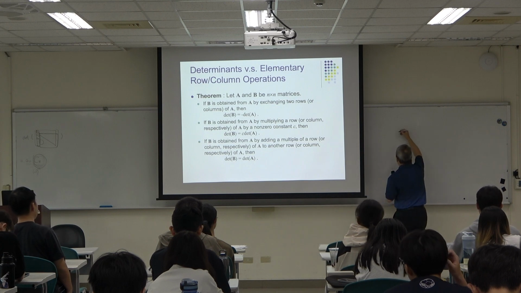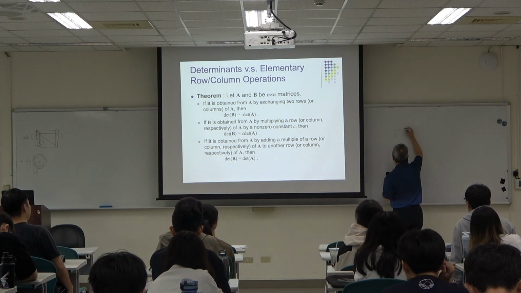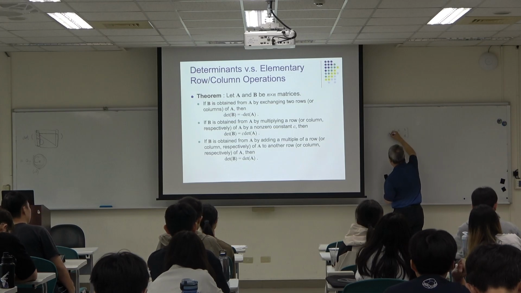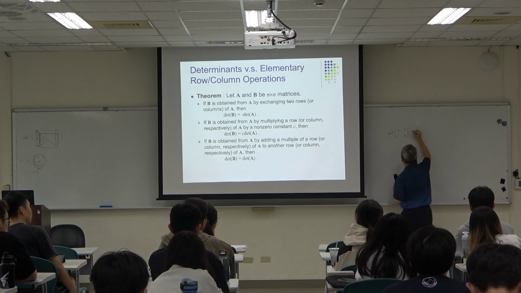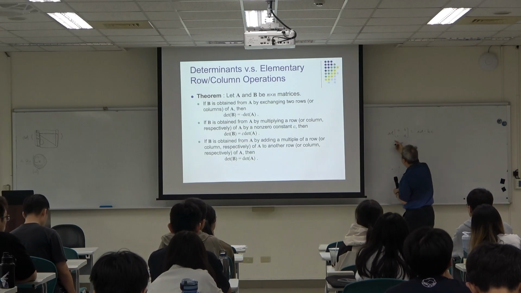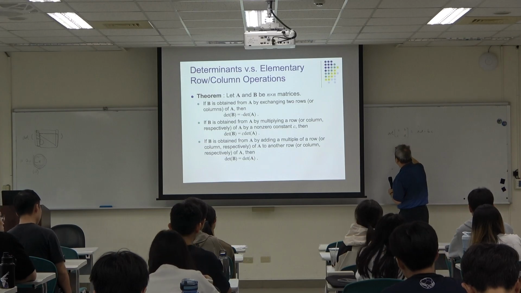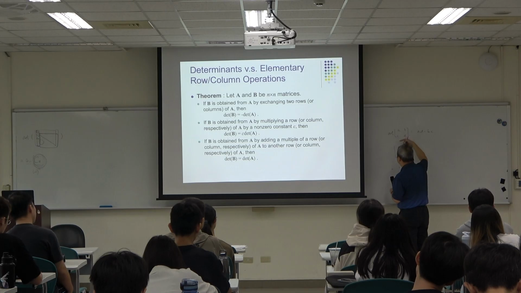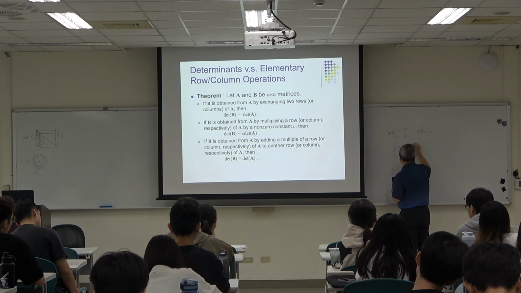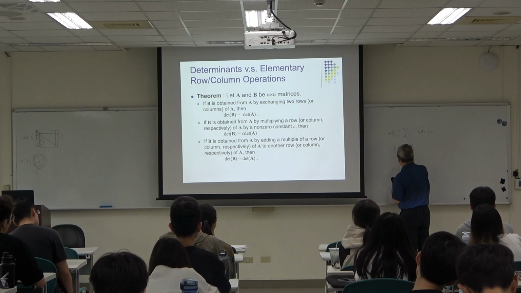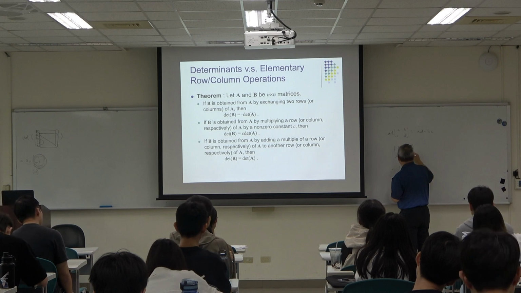The base case will be the matrix with rows a, b and c, d. The determinant of that will be ad minus bc. If you multiply the first row by a constant k and add it to the second row, it becomes c plus k times a, and d plus k times b.